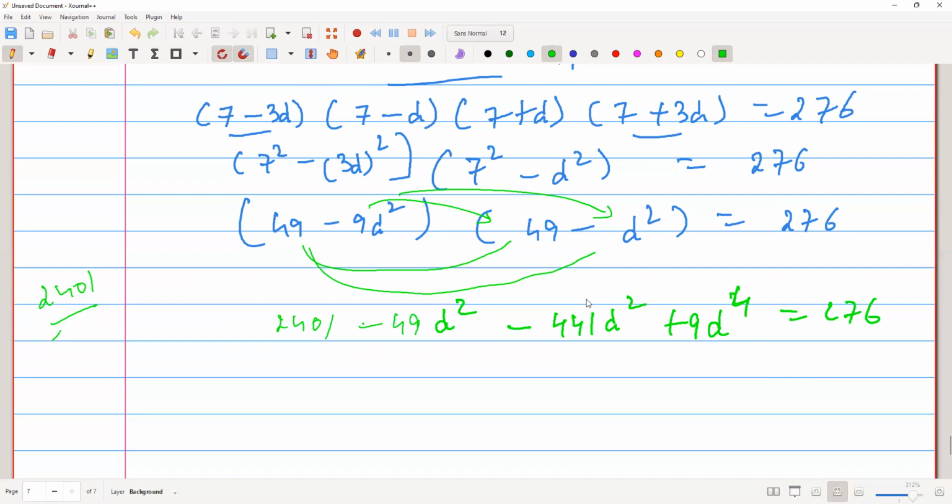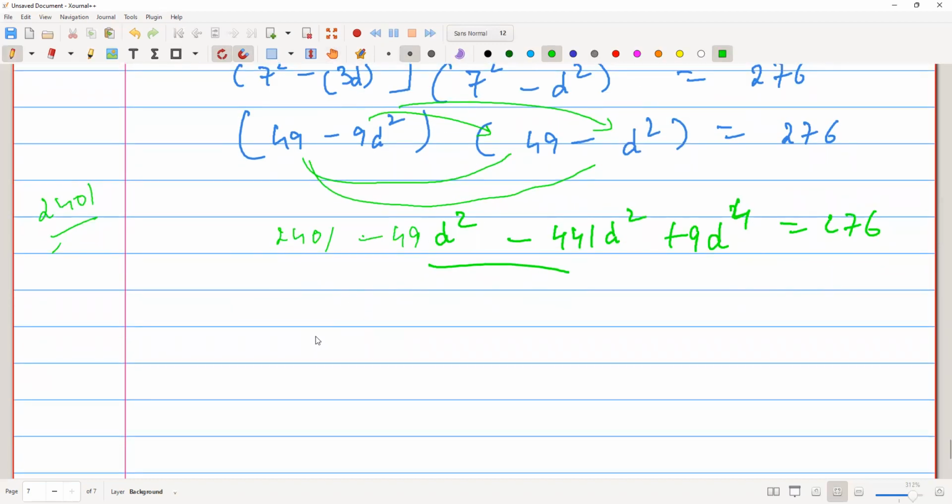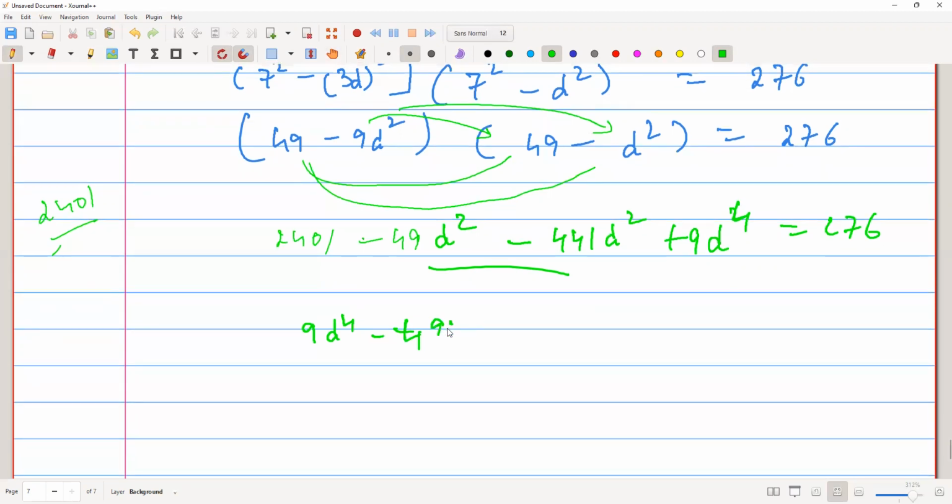From here we have to take this 276 and combine. 9 d power 4 minus 490 d square plus 2401 minus 276 equal to 0.